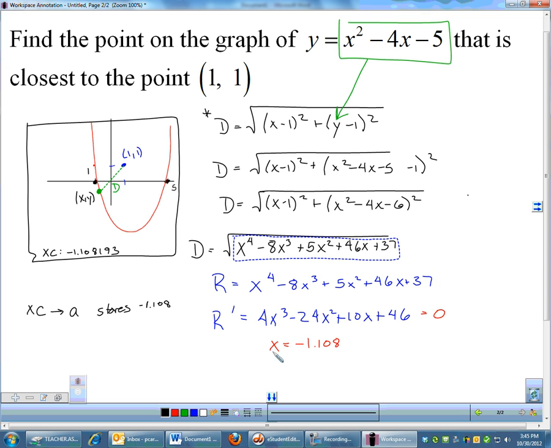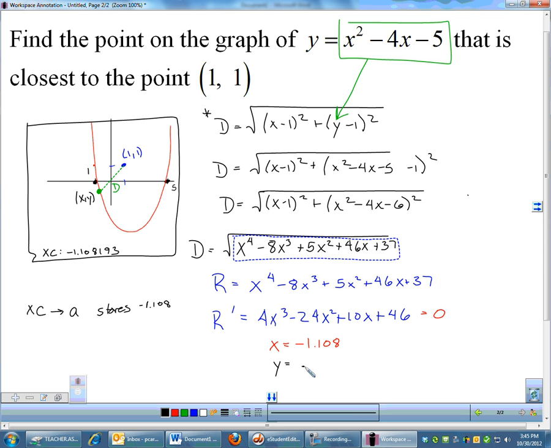So to get my y-coordinate, all I need to do is find x squared minus 4x minus 5, and I'll plug A into that equation. So since I stored my answer for A, I'm actually typing as I talk: alpha A squared minus 4 times alpha A minus 5. And the reason you want to store your answers is because you have to have exact answers on the AP exam up to your third decimal place.